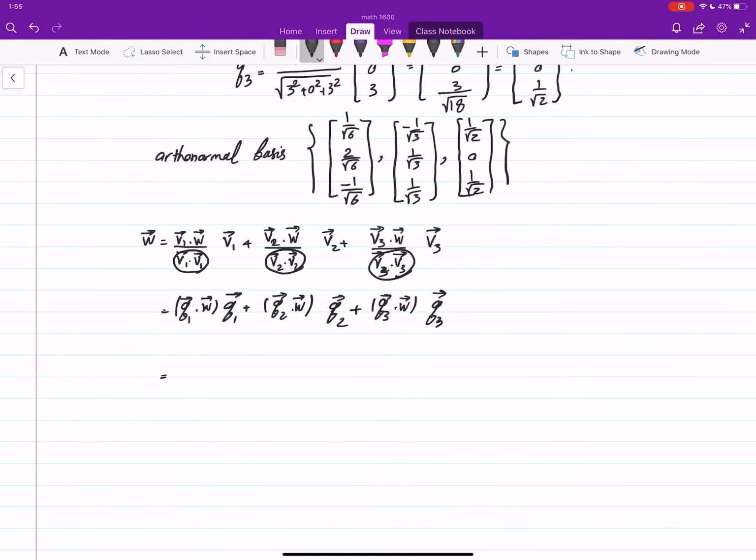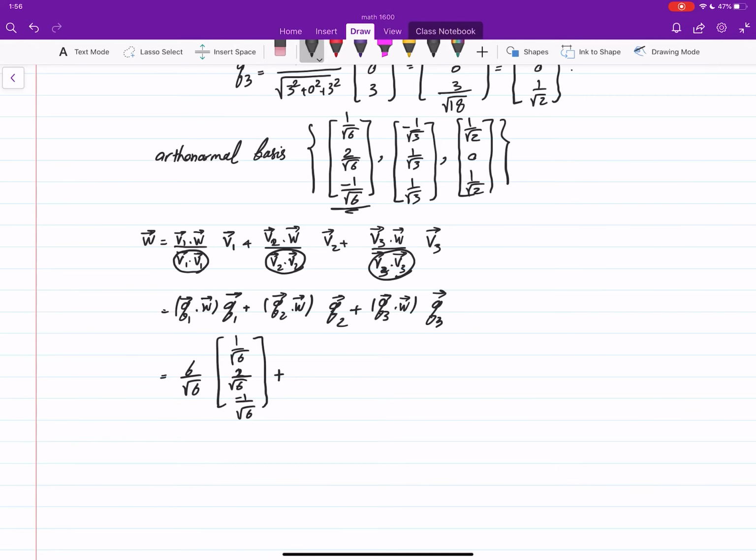We get, for the first one, the dot product of (3, 3, 3) with q1. This will give me 3 plus 6 minus 3, so this will be 6 over root 6, times (1 over root 6, 2 over root 6, negative 1 over root 6). That's the first coefficient. The second one, with (3, 3, 3), they will cancel.